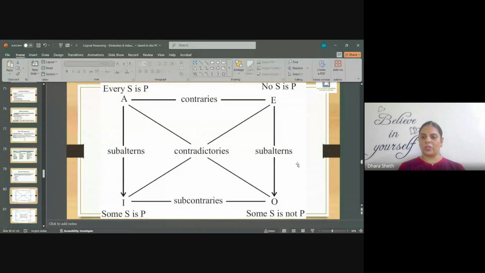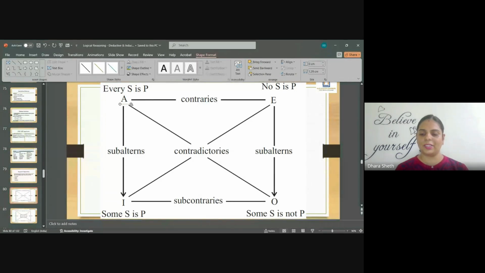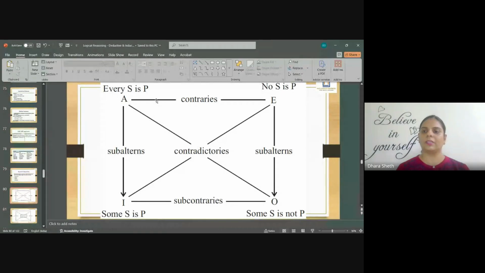This is how it looks. Here you see the A statement. Just find a pencil or something. So see, this A: every S is P, every subject is predicate. E: no S is P, no subject is predicate.